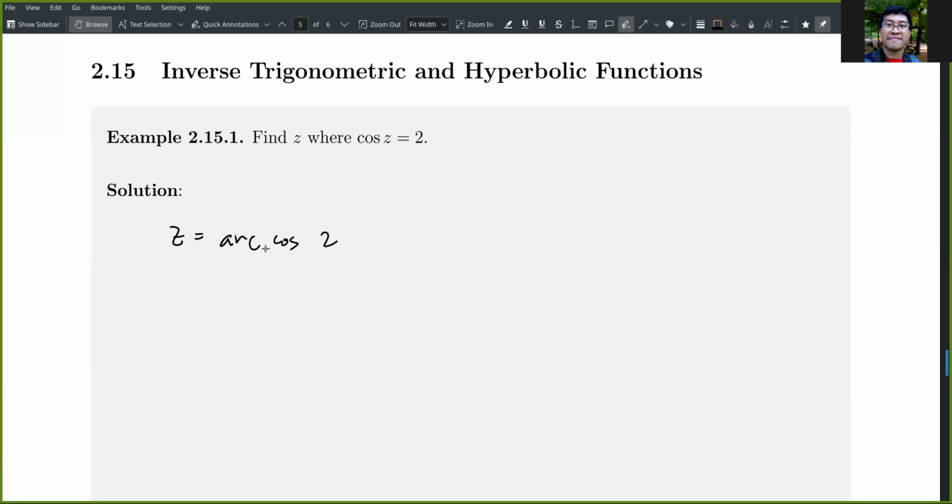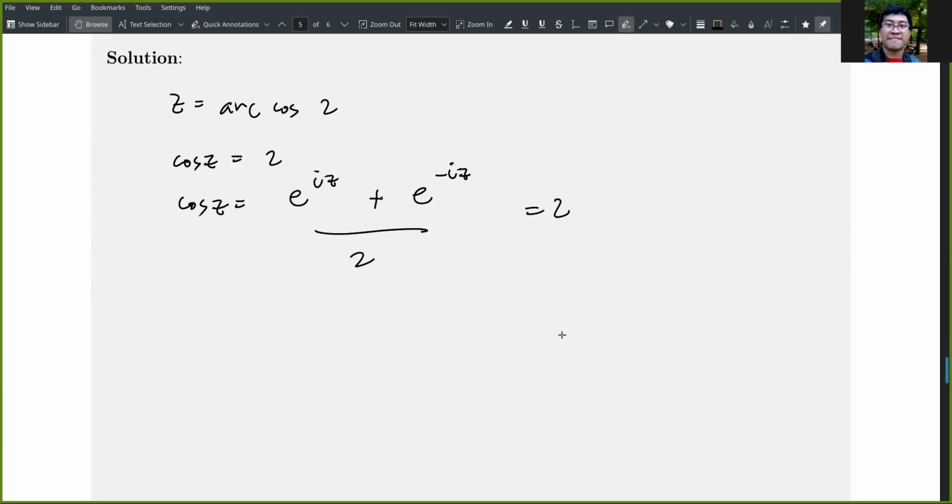of 2. So it'd be best to start with cosine z. Okay, cosine z equals 2. Cosine z, we have known this as e to the iz plus e to the minus iz over 2. So that's equal to 2.